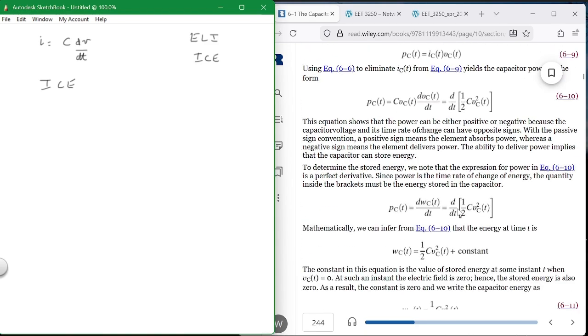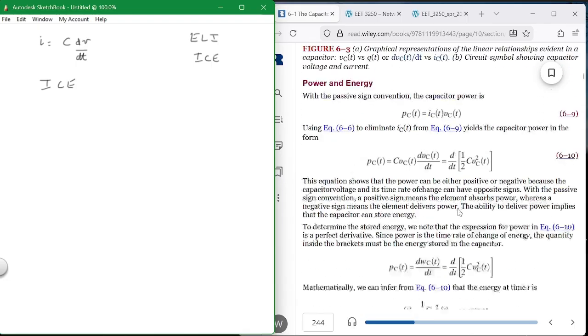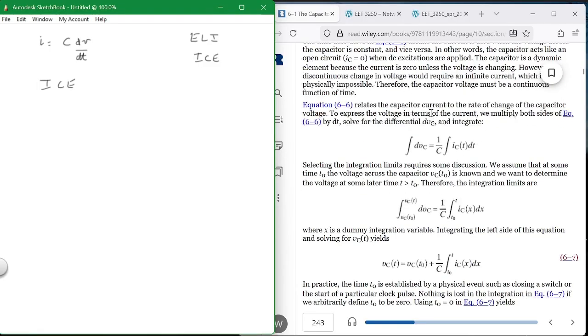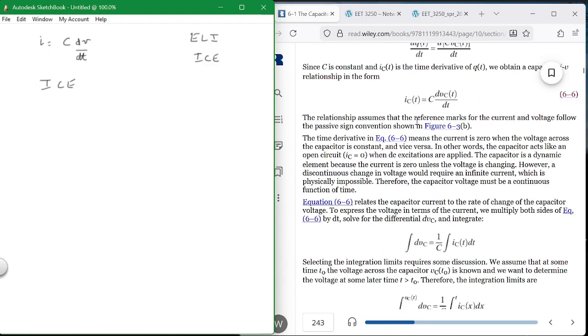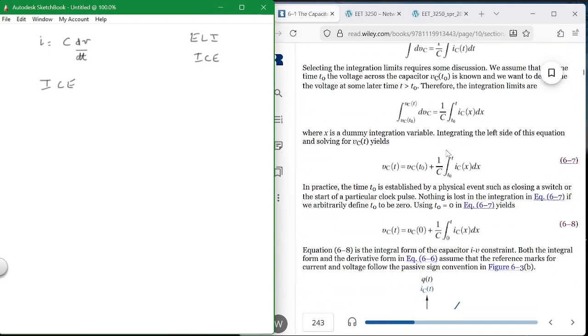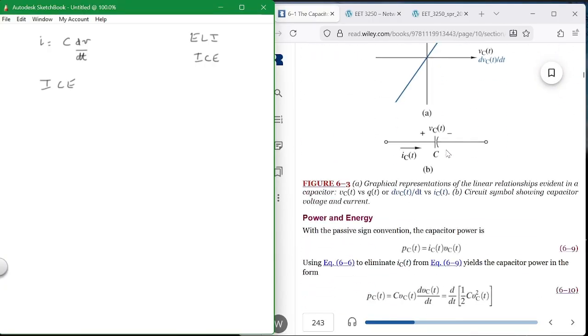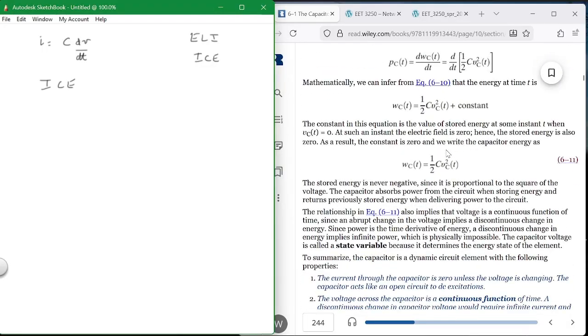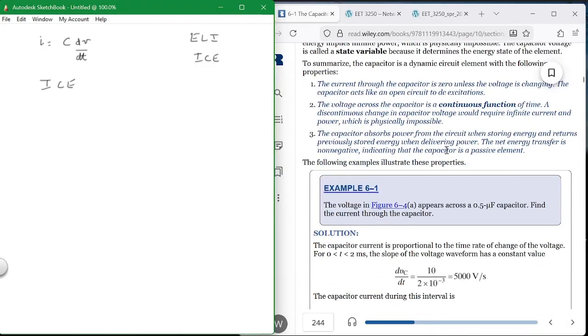But we don't worry about power. I'm not going to ask you the power equation. You can ignore it. If you can get this far, right there, that's as far as I'm going to carry this. So that gets you a little bit of an idea how these equations are going to be stacked up in this chapter. Okay.